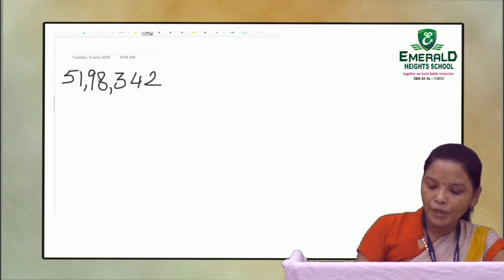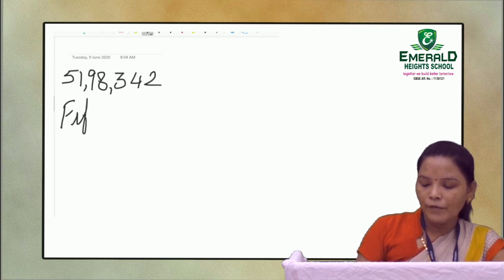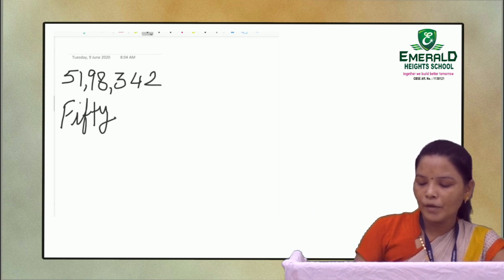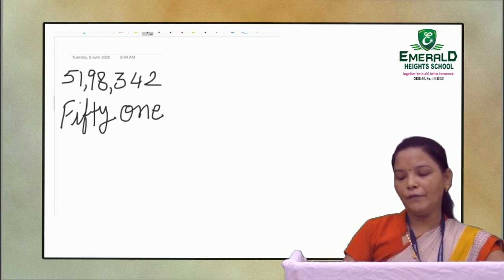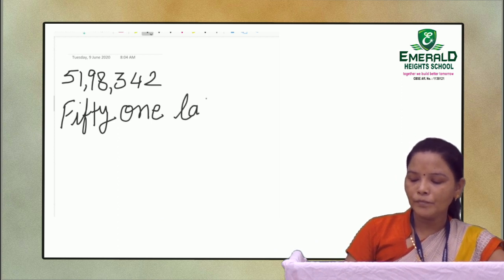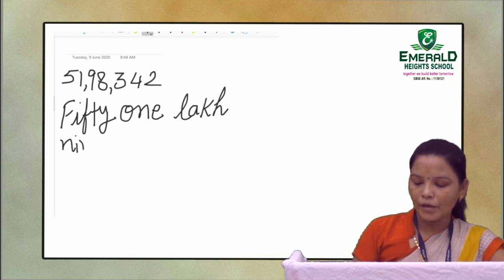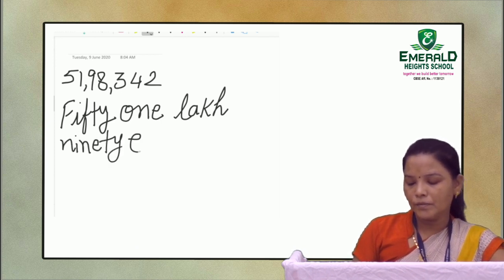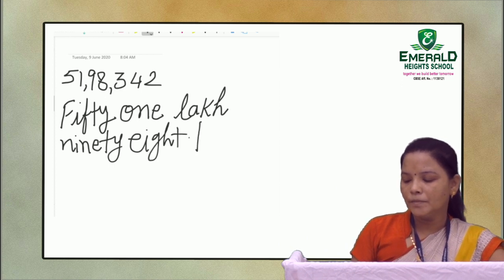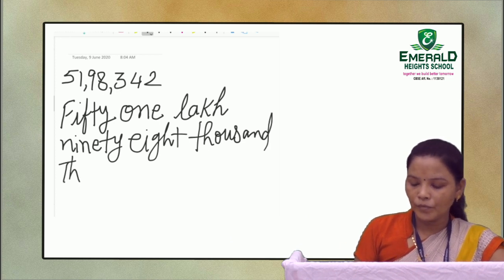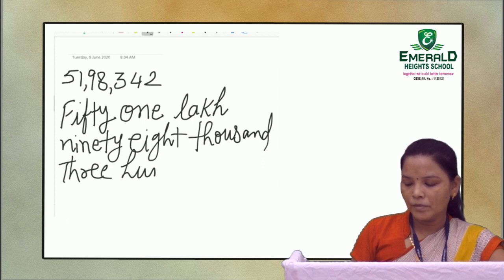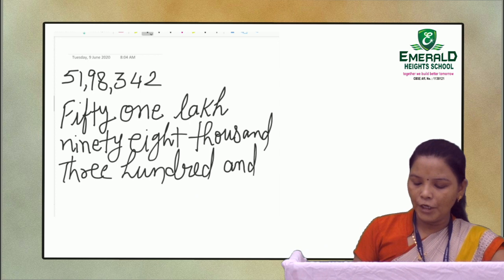Now let us write it in spellings or in words: 51 lakh, 98,342.